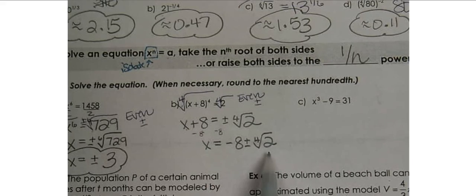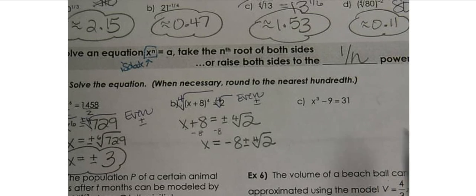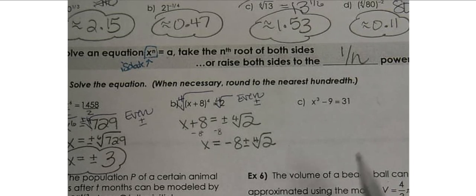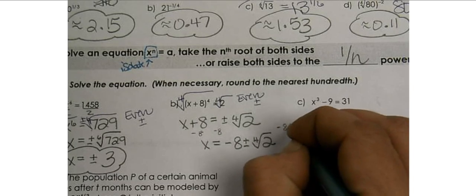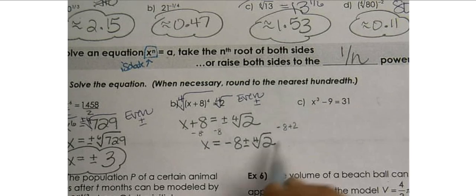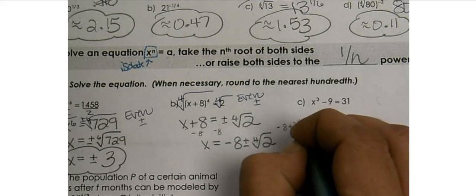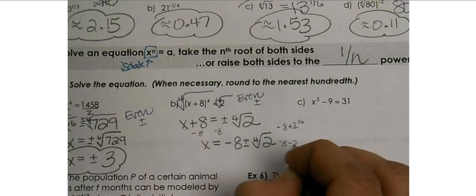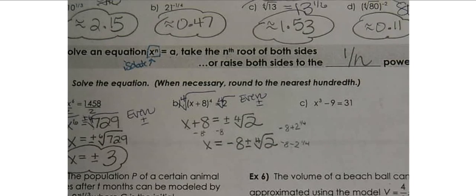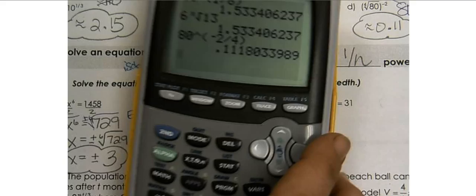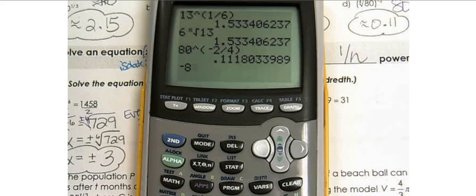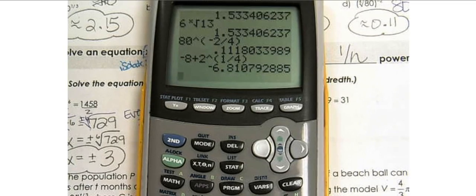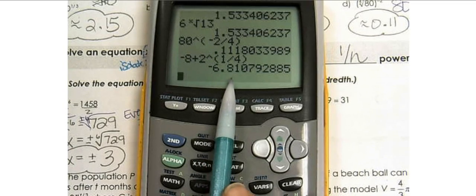Now, I like that answer, but it did say to round to the nearest hundredth. So what I might do in my calculator is enter negative 8 plus, and instead of the 4th root of 2, that's really 2 to the 1/4. And then remember, I'd also have to find negative 8 minus 2 to the 1/4. So you can just put that in the calculator, negative 8 plus 2 to the 1/4, and we get about negative 6.81.